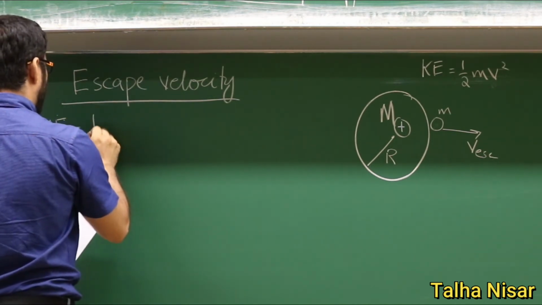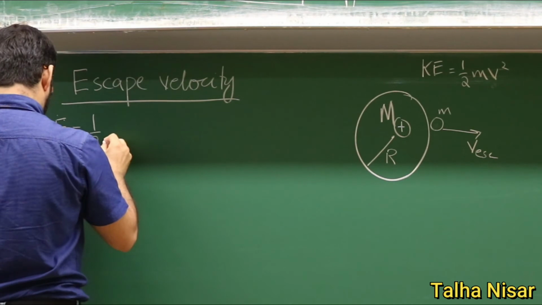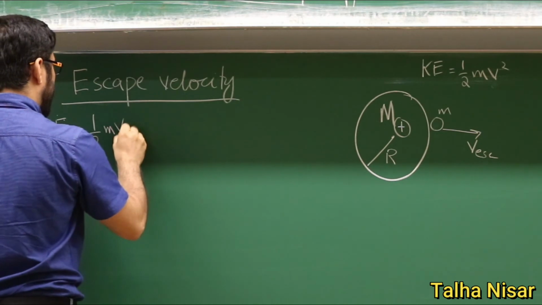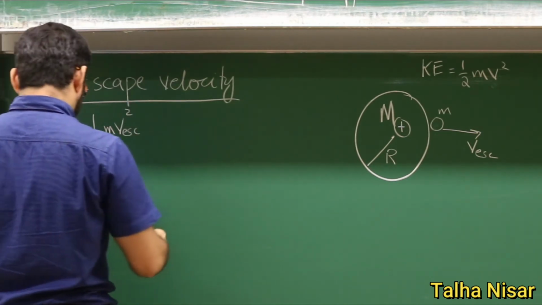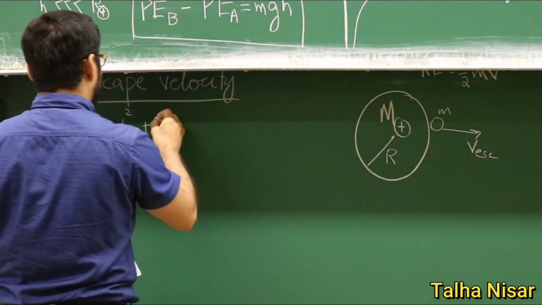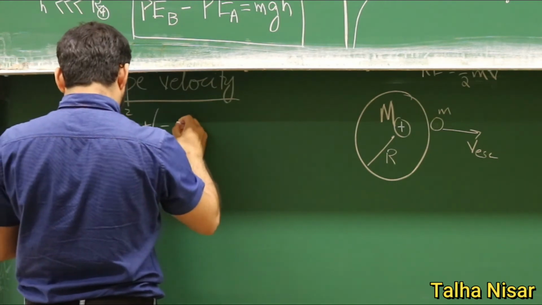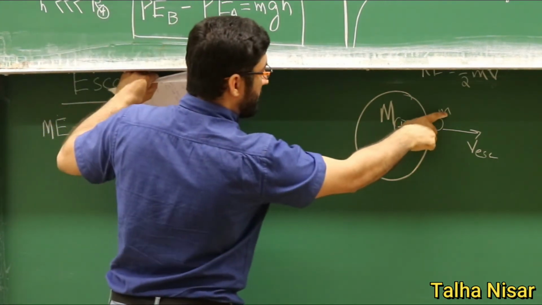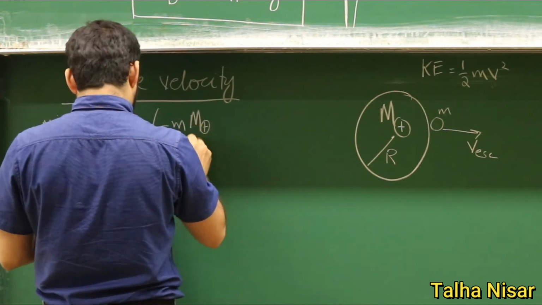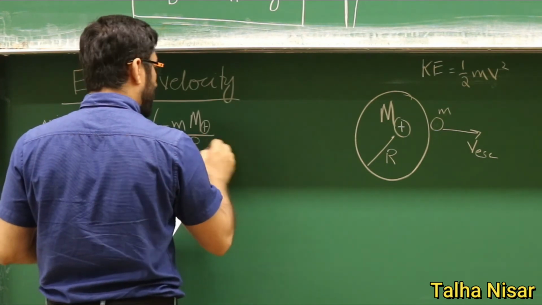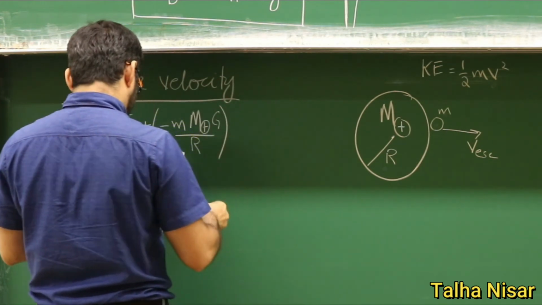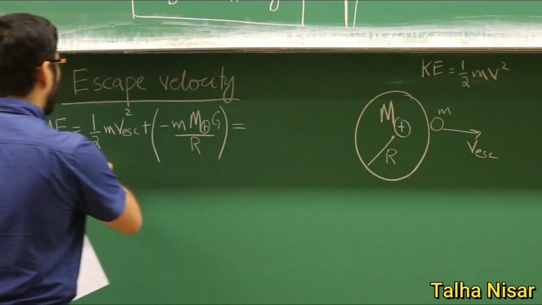So we know that 1/2 m v escape squared, plus we have the potential energy here. Potential energy is minus small m, the mass of this object, times the mass of the earth, divided by the radius of the earth, which is represented by big R, and then the G. And this is on the surface of the earth.